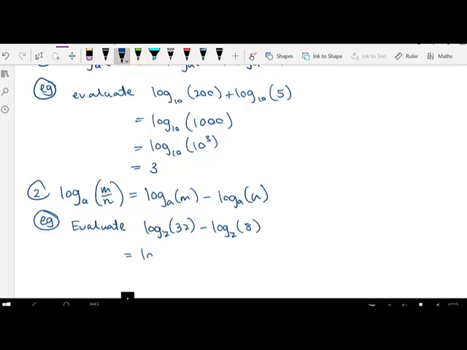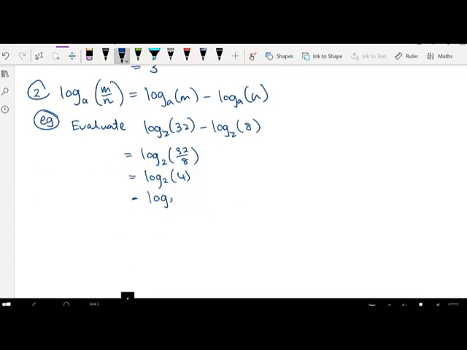We can write that as a single log base 2 because they've got the same base and they've both got a coefficient of 1. We can say this is log base 2 of 32 on 8, and therefore this is log base 2 of 4, and 4 can be written as 2 squared, so the exponent is 2.